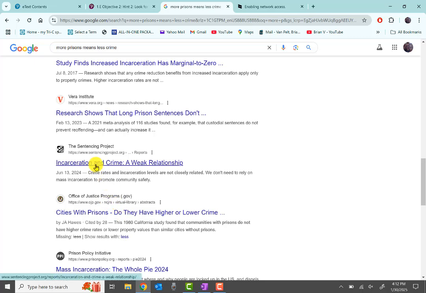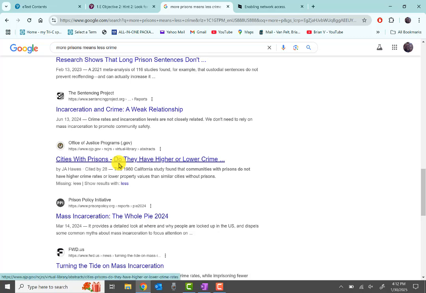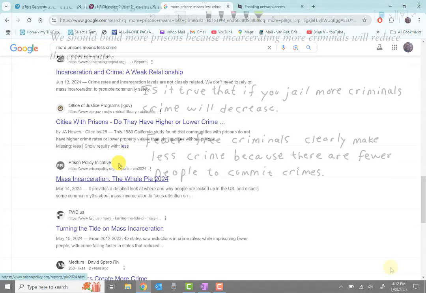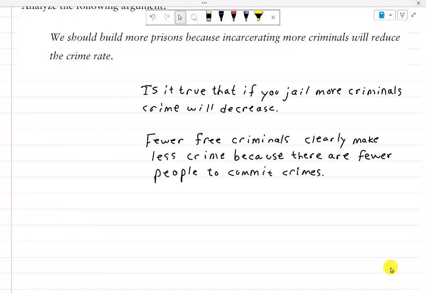Here's one that says "incarceration and crime, a weak relationship." And so you can start analyzing these things and come to an opinion after you've read both sides of the story.